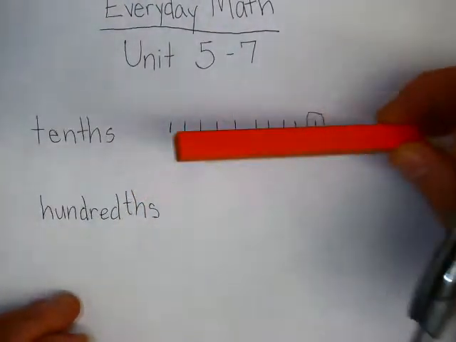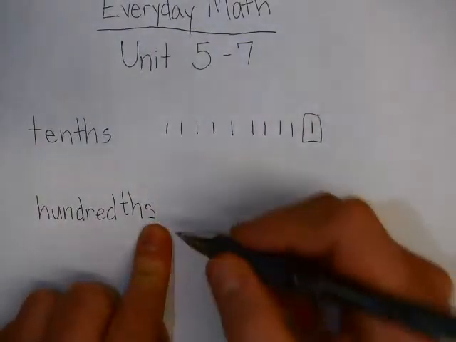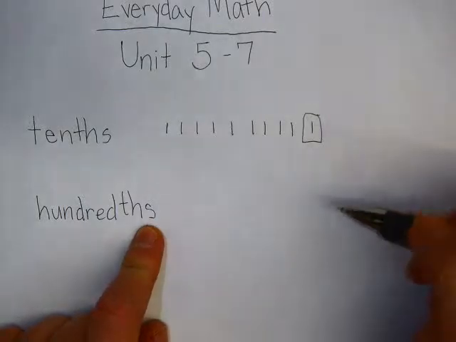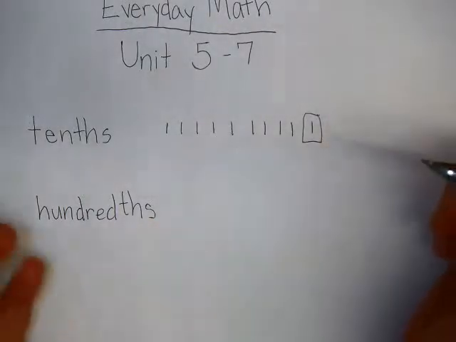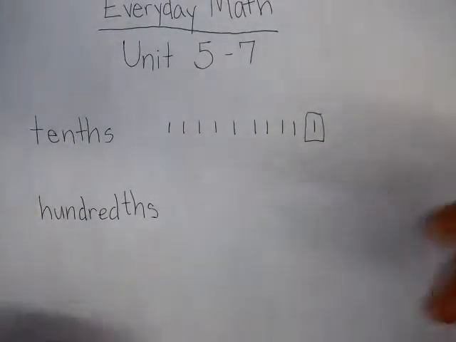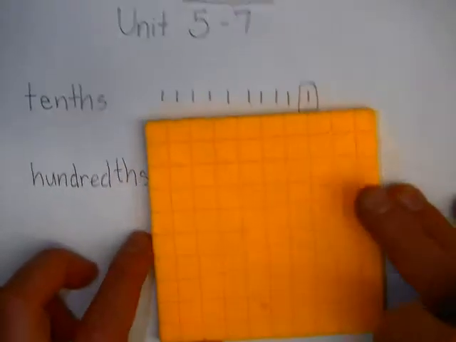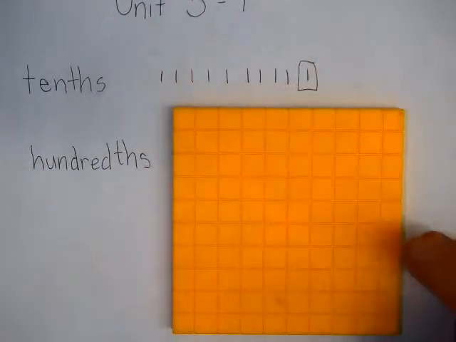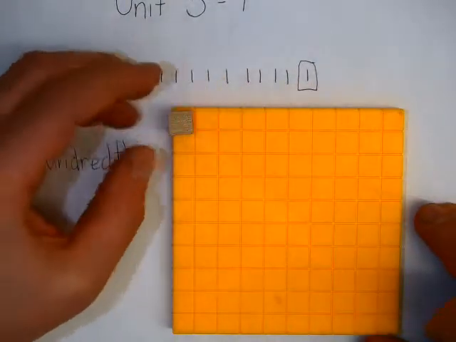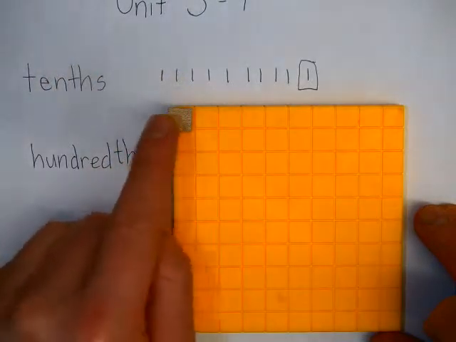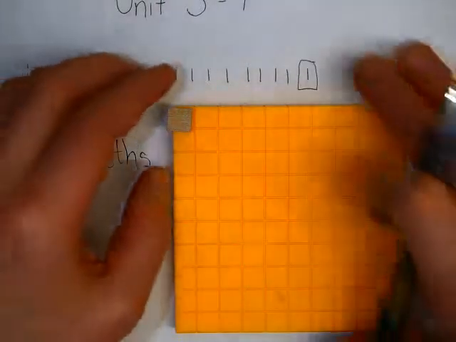would be one of those pieces. Now for hundredths, just like with the tenths, it's not the 100th place in line or the 100th time you did something. What it is, if you have a flat, which is 100 cubes, it would be one part out of those hundreds. So it would be 1/100th.